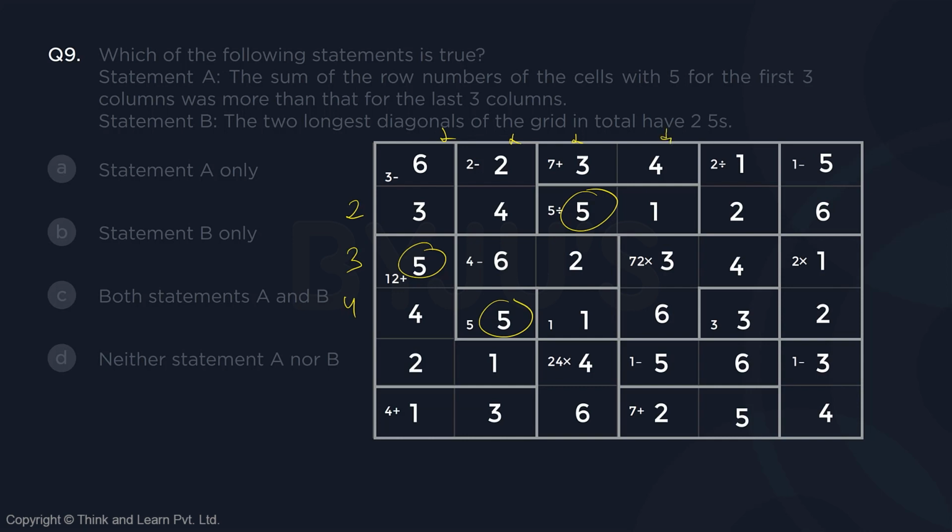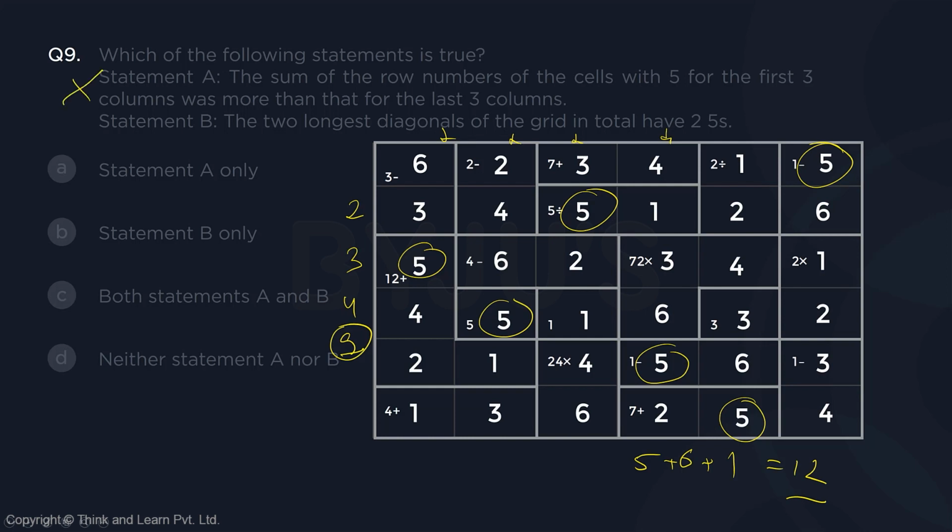In the last 3 columns you can see the row numbers are 5, 6 and 1, which is 12. So this is 9 and this is 12. The statement was saying this is more than this. Not possible. The first statement is false.